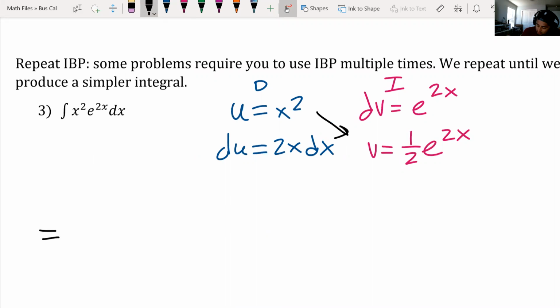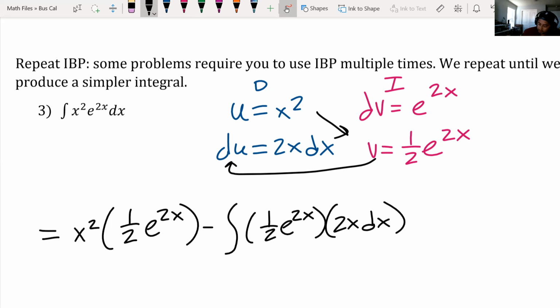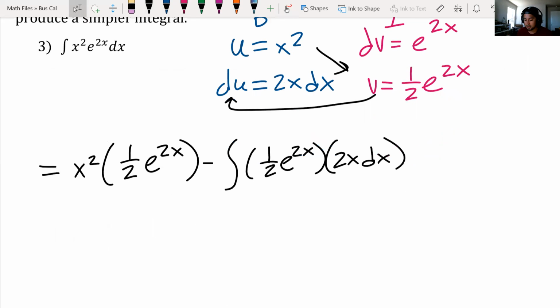U times v, x squared times 1/2 e to the 2x minus the integral of v du. One half e to the 2x times 2x dx. Okay. Perfect.